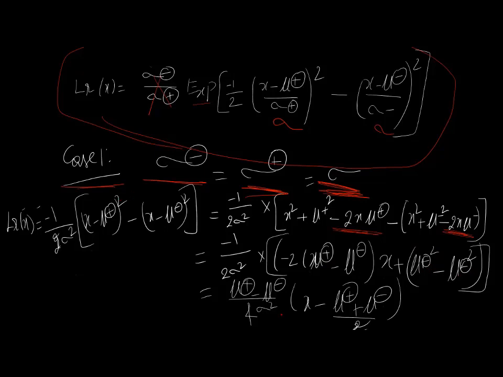Now it can be written as (mu positive minus mu negative) by 2 rho square into (x minus (mu positive plus mu negative) by 2). So this is the LR of x.